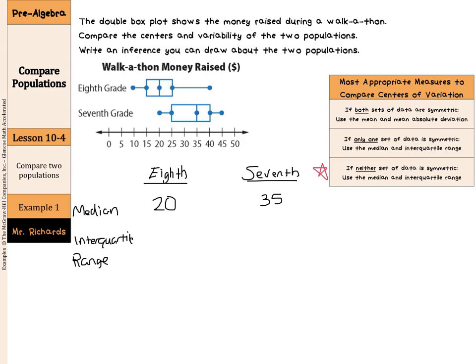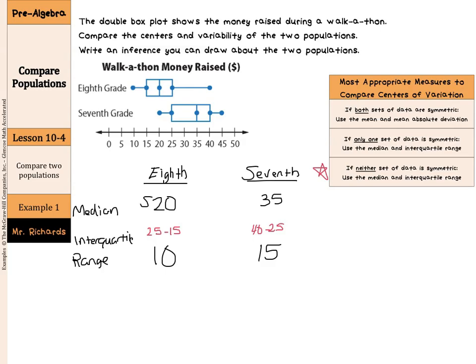This is 15. So for the 8th grade, the interquartile range is 25 minus 15, or just 10. What about the 7th grade? Well, we have from 40 to 25. So 40 minus 25 will get us an interquartile range of 15.